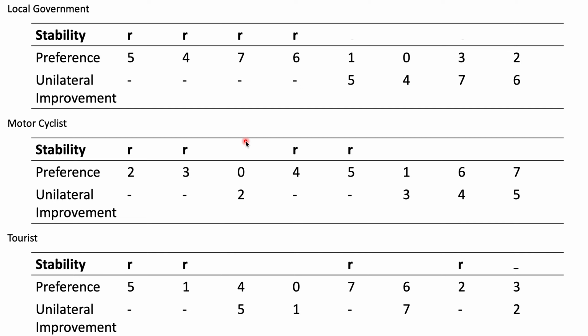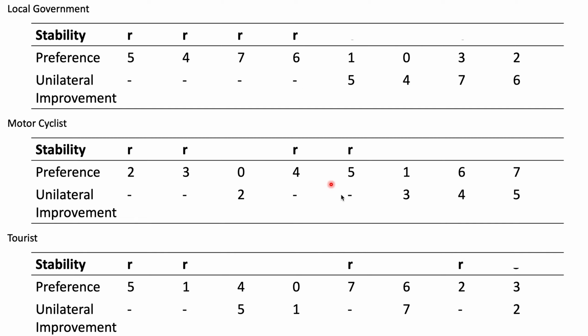Next, we look at the unstable ones. From the perspective of local government, we prefer scenario 1, but in scenario 1 we prefer to push it to scenario 5. So there is a unilateral improvement for scenario 1. Then from this scenario 5, we see it from the perspective of motorcyclists.